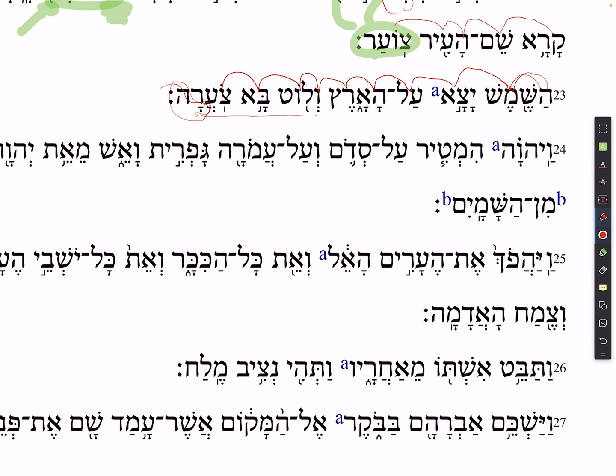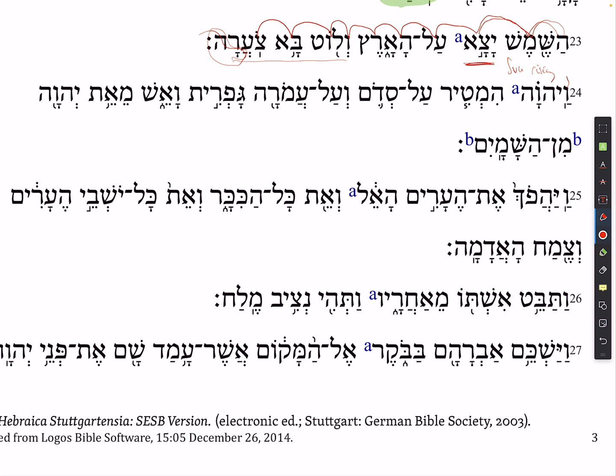And the sun went out, so this is an idiom for the sun rose. The sun was rising. Verse 24. And Yahweh, obviously we have fronting here, as the predicate is being pushed back. And Yahweh let rain over Sodom and over Gomorrah sulfur and fire from Yahweh, from the heavens.